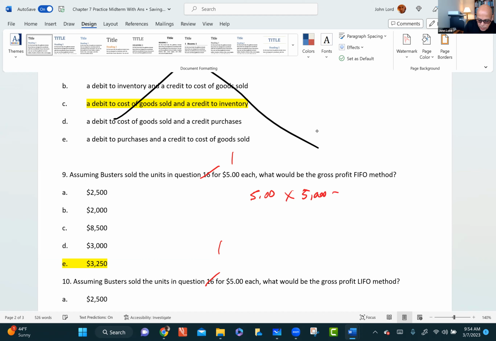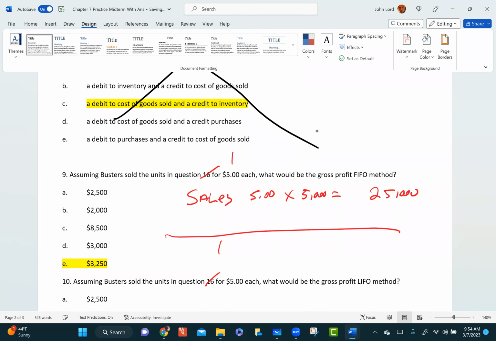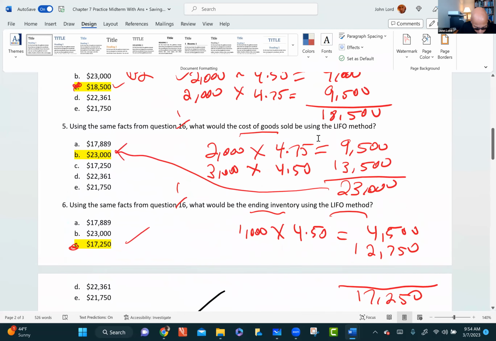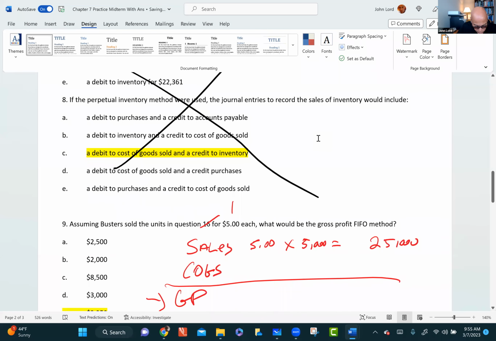So the $5 times the 5,000 means that my sales are, let's label that correctly, 25,000, guys. And to get to the gross profit, that's going to be sales minus what? How do you calculate gross profit? Sales minus cost of goods sold, guys. We've done that 50 times. We're going to do it 50 more times though, so I'm not going to sweat it right now. And what method are we looking at here? Under FIFO. Okay, thank you.